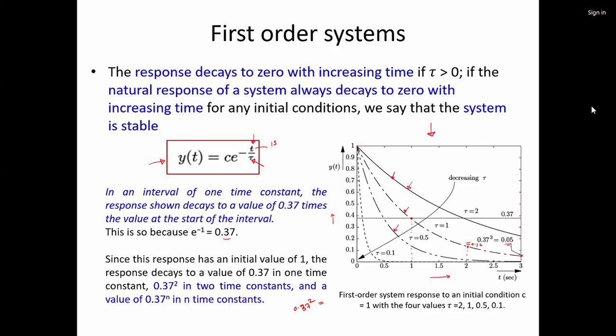That means the decay is faster for a smaller time constant. So when you design a thermal system, be it a thermocouple or any temperature sensor, you look for a smaller time constant, because a smaller time constant system would be able to quickly detect the change that is happening in the input parameter.